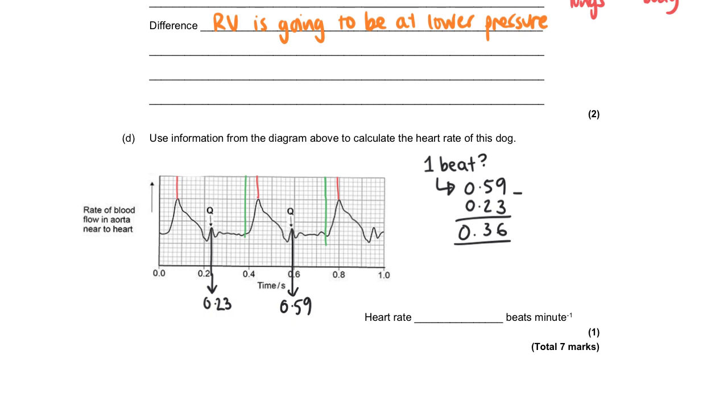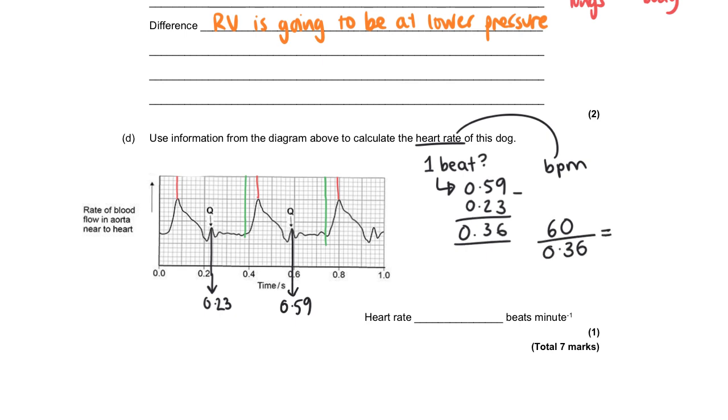So each beat is a third of a second, and I need to figure out then how many beats I can get in 60 seconds. The heart rate is the number of beats per minute. So I'm going to do 60 seconds divided by the time taken for one single beat.